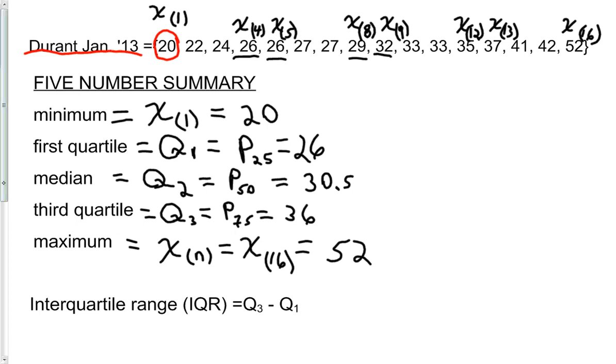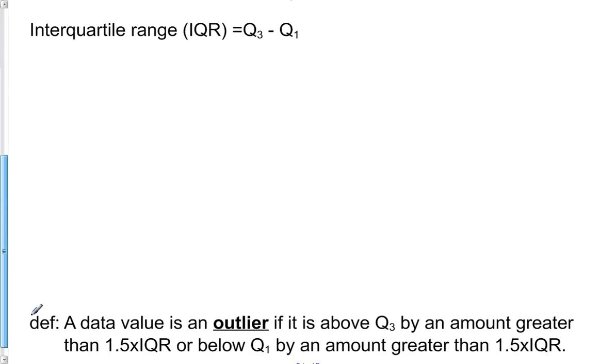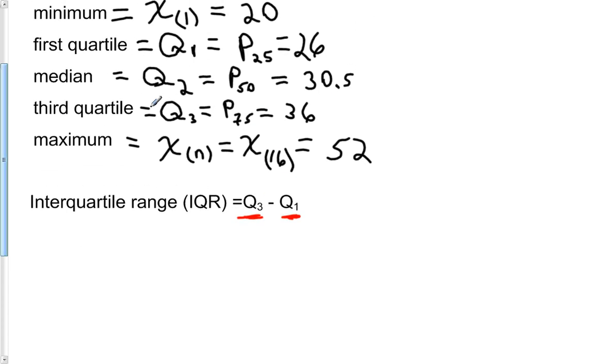We can also calculate another measure that will be useful for making our box plot called the interquartile range. And the interquartile range is going to be the third quartile minus the first quartile. So let's see what we get here. Well, the third quartile is 36, and the first quartile is 26.